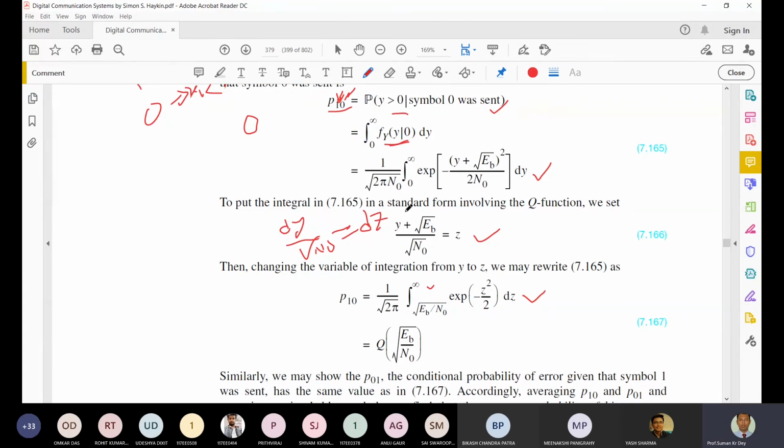That's why the square root of N0 was there earlier but is not here, because this term is equivalent to dz. And if we put that value over there, z square comes, and since there is a 2, there will be a 2 there. If we take the square of this, it is equivalent to this part.